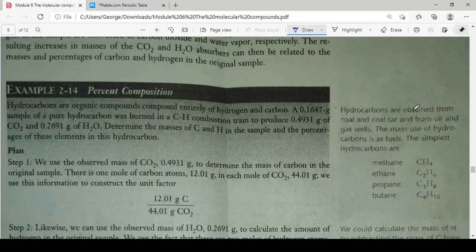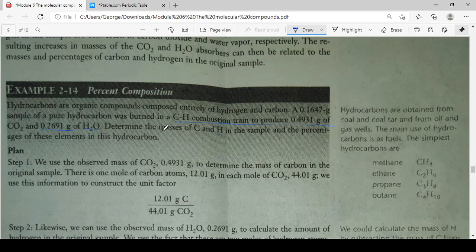A 0.1647 gram sample of pure hydrocarbon was burned in a carbon-hydrogen combustion train to produce 0.4931 grams of carbon dioxide and 0.20691 grams of dihydrogen oxygen, H2O or water. Determine the masses of carbon and hydrogen in the sample and the percentages of these elements in the compound.